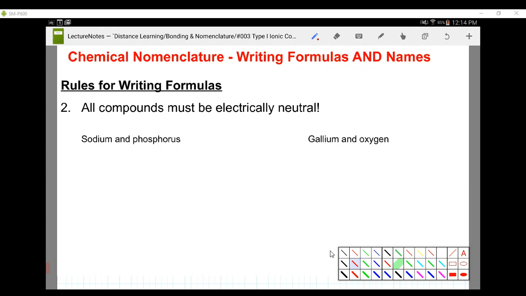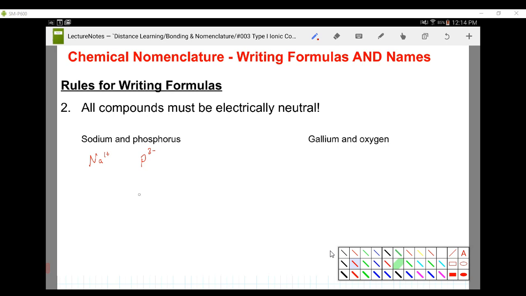So from our ion sheet that has all of those oxidation states, if I look up the charge of sodium, we see that it is positive 1. If I look up the charge of the phosphorus ion, also called phosphide, it has a negative 3 charge. Right now, positive 1 and negative 3, they do not make a neutral compound. If I add positive 1 and negative 3 together, I'm going to get negative 2.